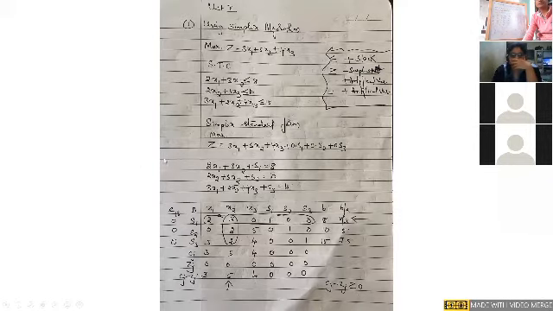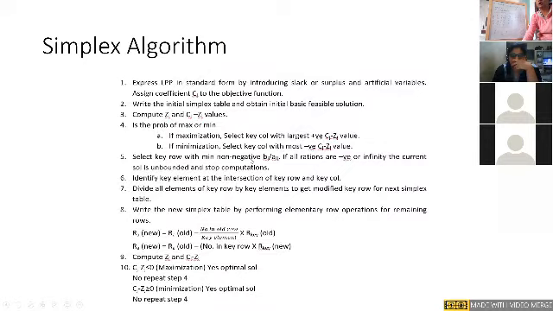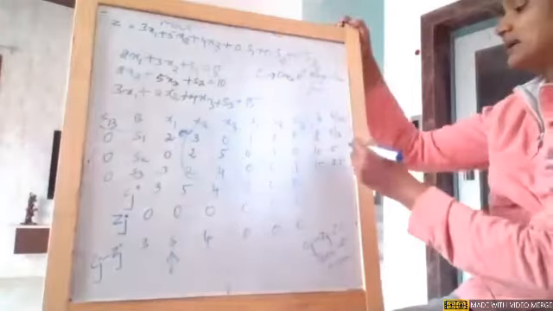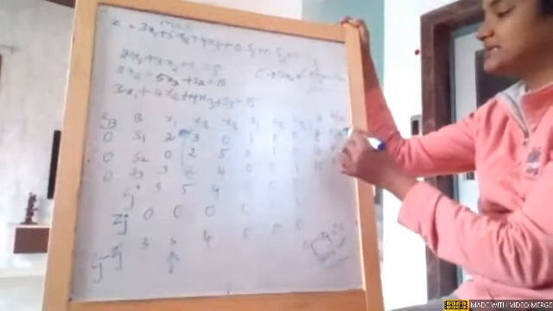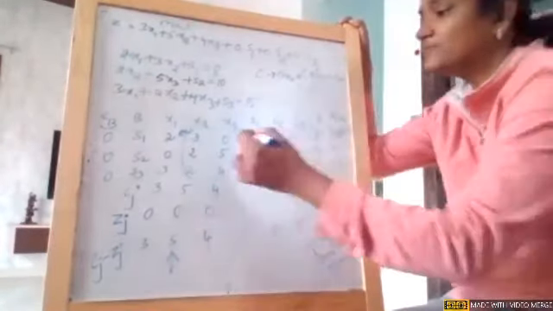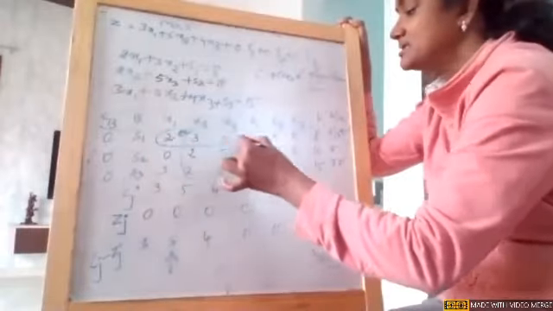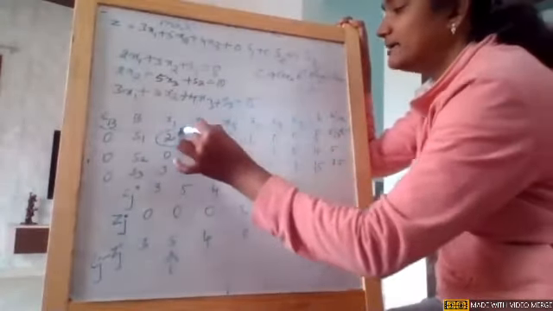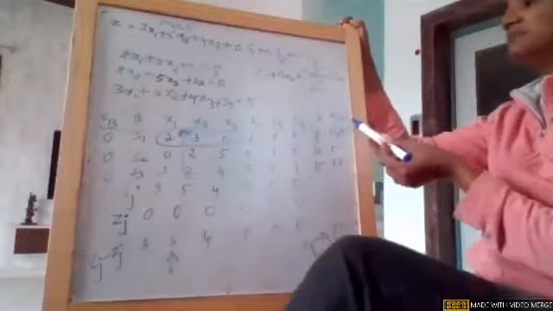Now what are we supposed to do? Select the key row with the minimum non-negative value. Just try to highlight, girls. If it is a negative value, we can't consider it. Smallest minimum non-negative value. So let us get back to the board. Out of these 3, obviously 8 by 3 is the smallest value. So this is the smallest non-negative value which we picked.